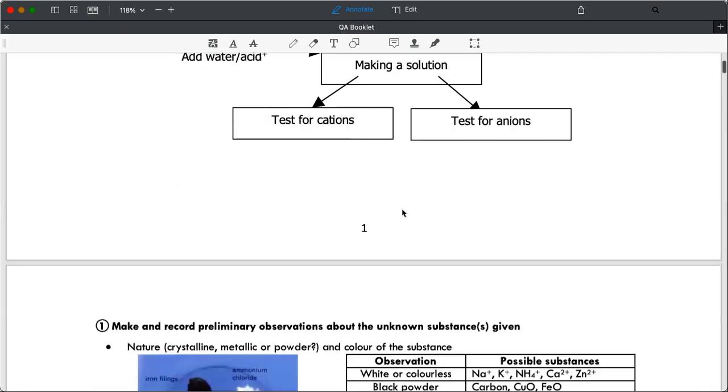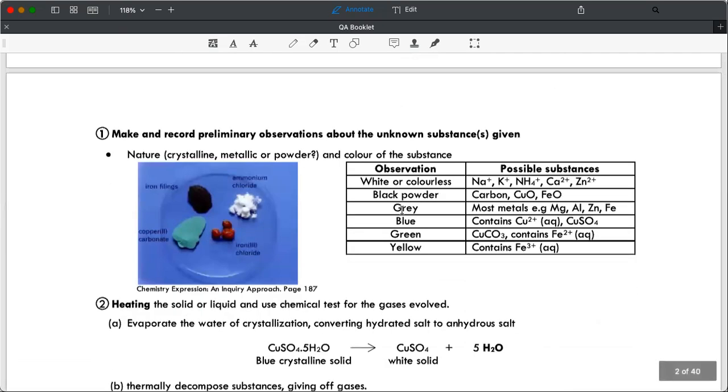Now, before we start doing the practical, it is important to recognize some relationship between the colors of the solid and the identity. Based on the colors, we are able to deduce possible substances in the unknown given in the question.